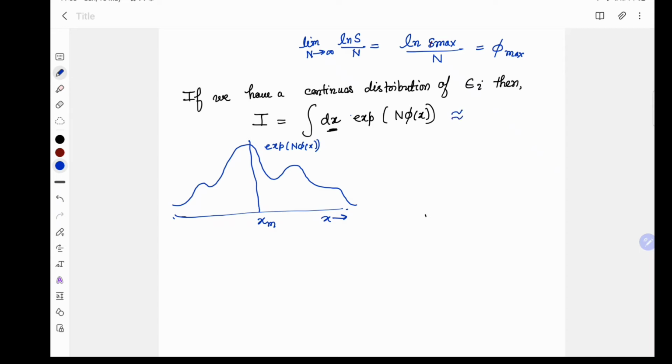Then we will see it is approximately equal to e to the power n phi x max, where phi has a maximum value. Now in mathematics this is called saddle point integration.